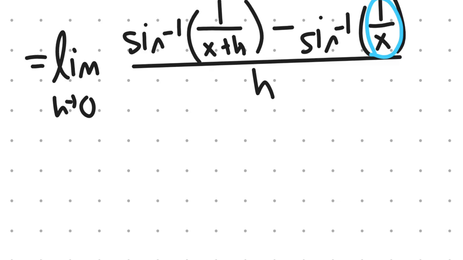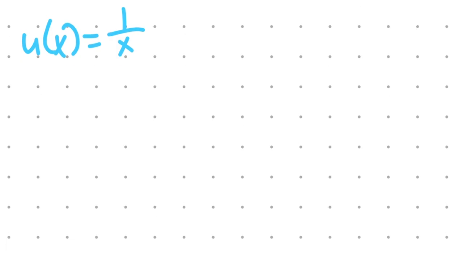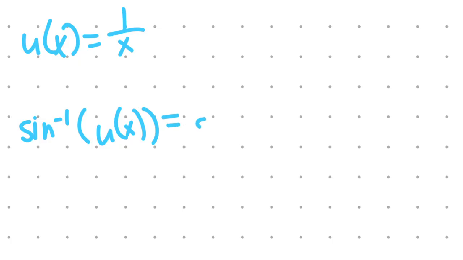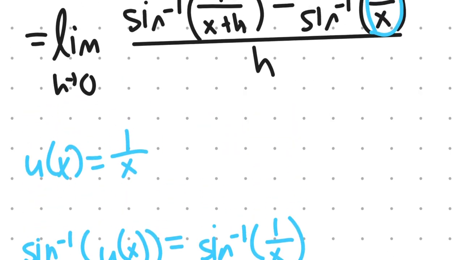So I think the best option is to substitute 1 over x as another parameterized function. So we would just let u of x equal 1 over x, which is depending on x. Now if I take the inverse sine of both sides, inverse sine of u of x, then I would get the original form. This is found in the limit also.